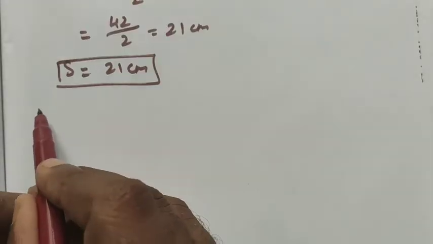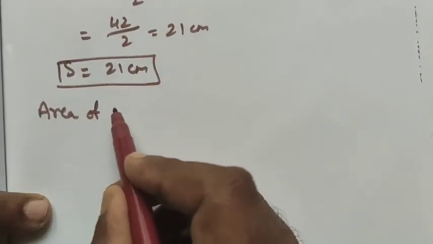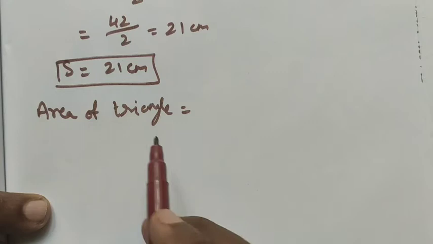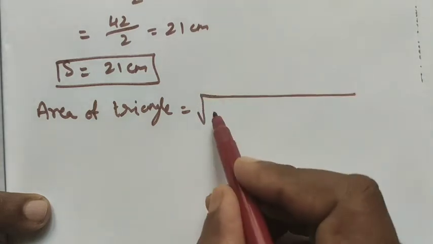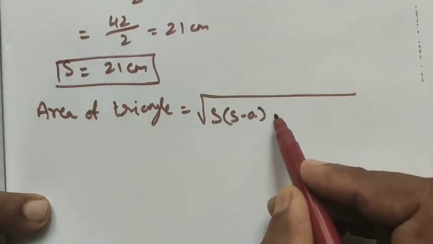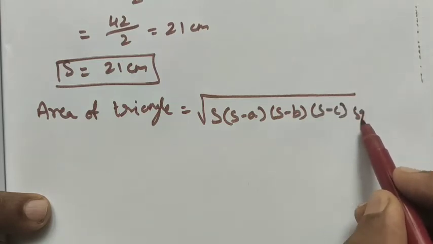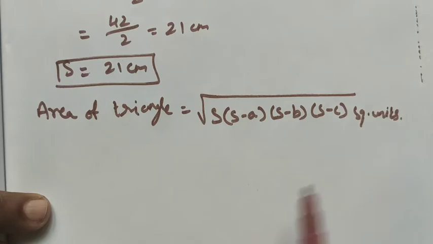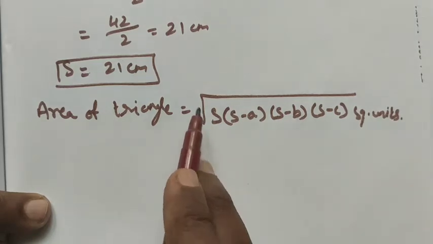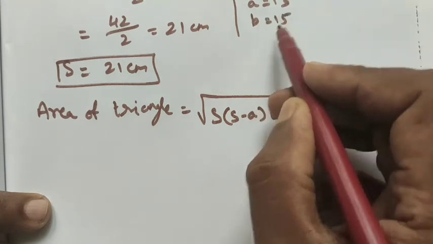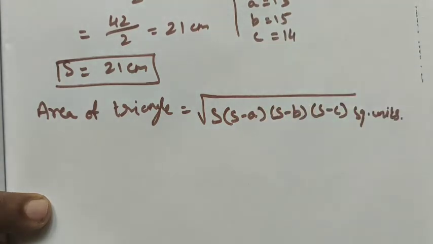Now we know the area of the triangle by using Heron's formula, that is root of S into S minus A, S minus B and S minus C square units. Now apply the values of S and A, B, C. Here A is equal to 13, B is equal to 15, C is equal to 14.